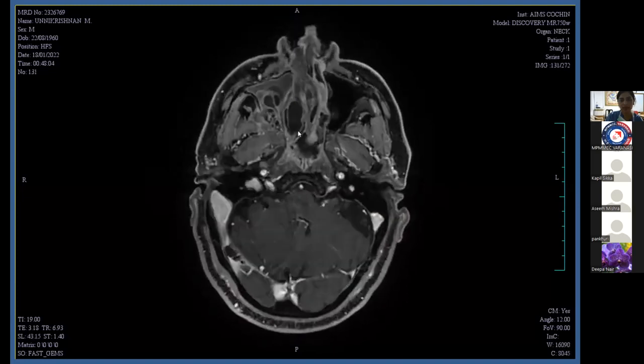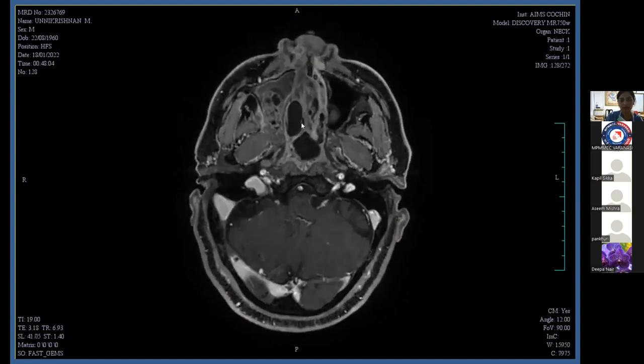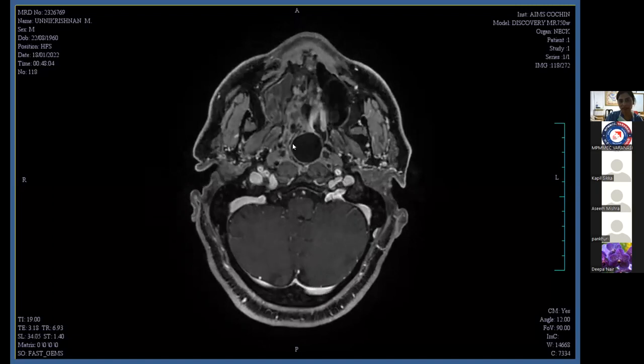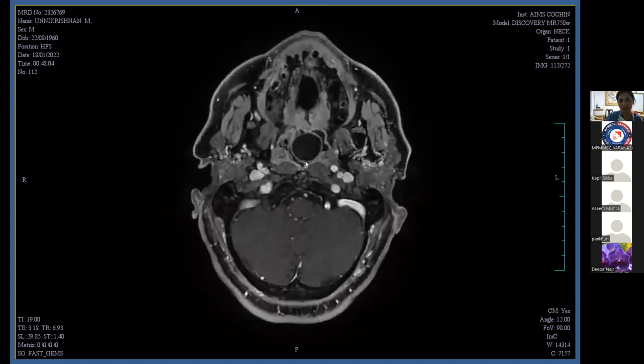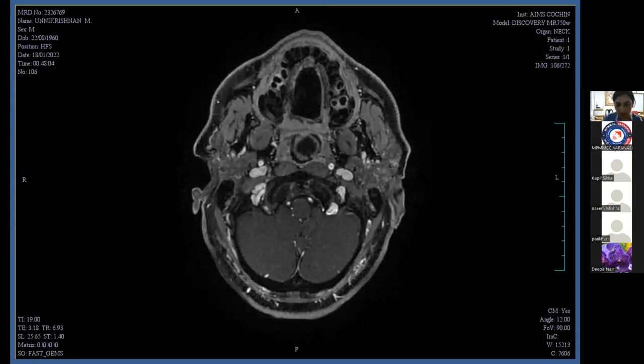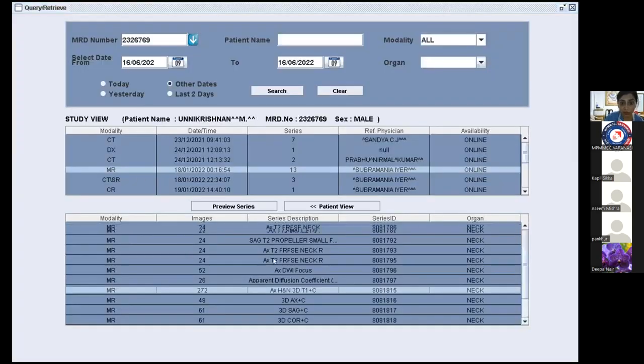And going downward, it is occupying the nasopharynx also. This large cystic space. Do we have CT images also? Sir, I have the T1, CT images are not there. T1 images I have. T2 images I have.